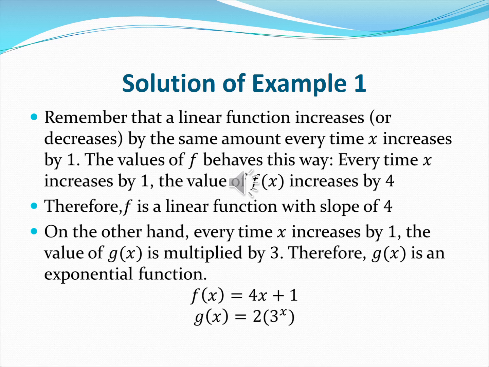On the other hand, every time x increases by 1, the value of g(x) is multiplied by 3. Therefore, g(x) is an exponential function. You can find these observations in the table we discussed in the previous slide.